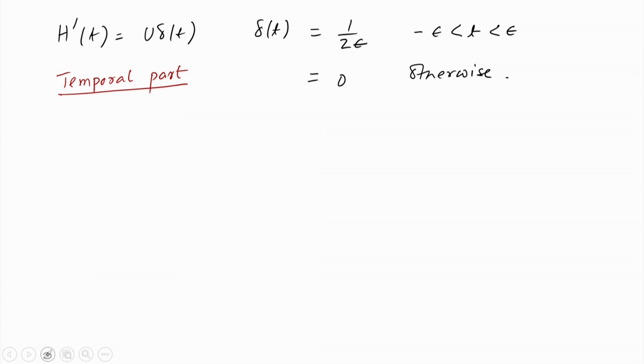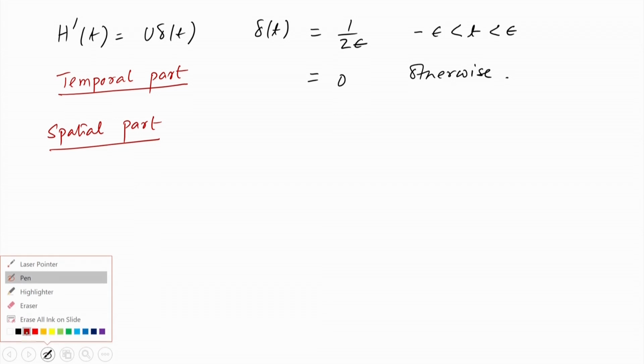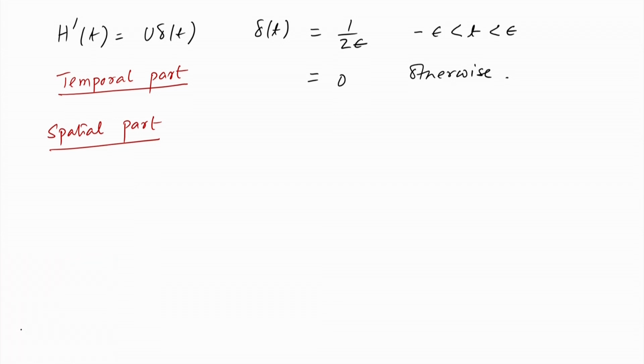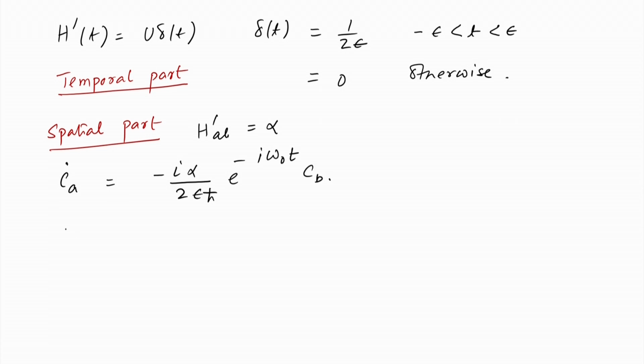So, h prime a b equal to alpha, and C a dot is equal to minus i alpha by 2 epsilon h cross exponential minus i omega naught t C b, and C b dot equal to minus i alpha star, which is the complex conjugate of alpha.